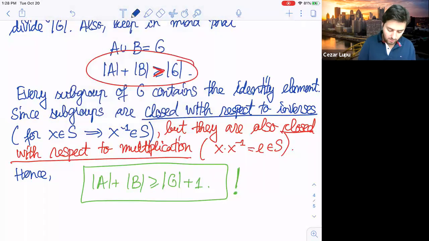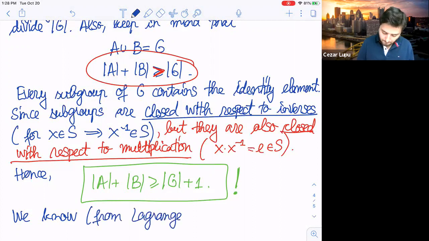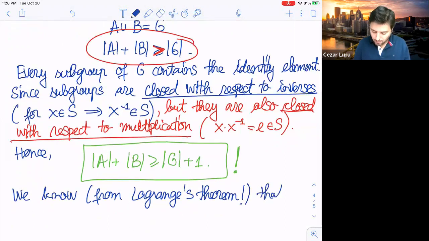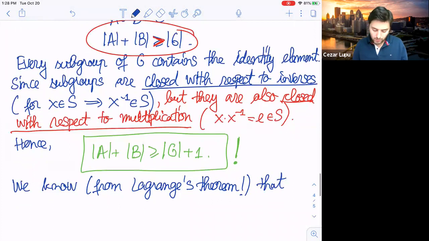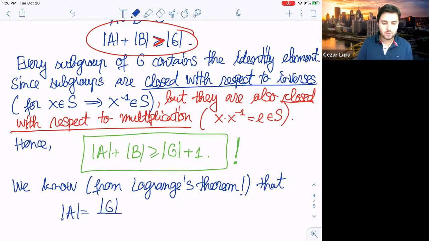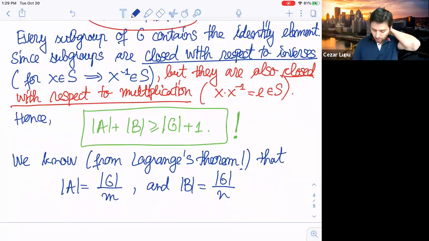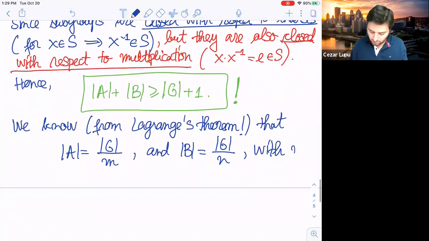So we know from Lagrange's theorem that the order of A is the order of G over M, and the order of B is the order of G over N, with M and N positive integers greater than 1. Right, so we know this from Lagrange's theorem.